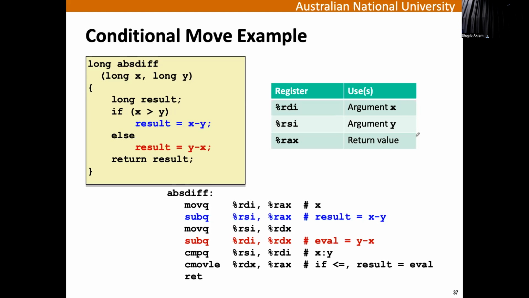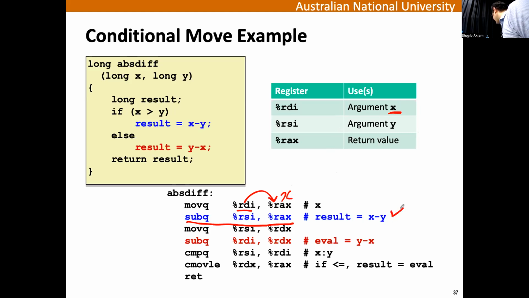Okay, so this here does x minus y. Here I'm moving RDI to RAX. RDI is x, so RAX is x, and then subtract RSI from RAX.